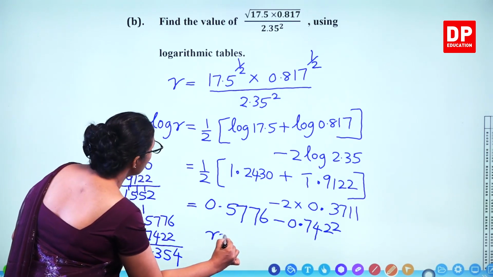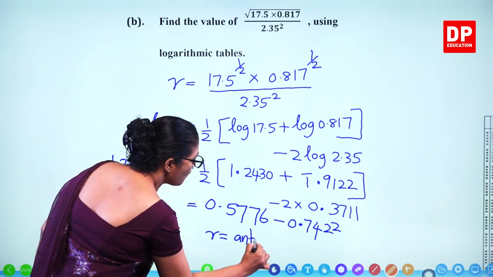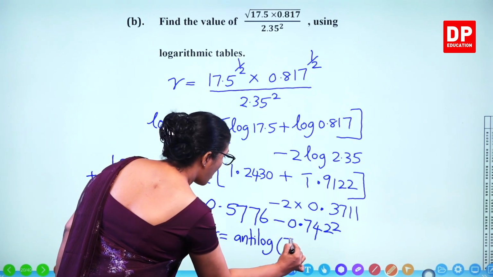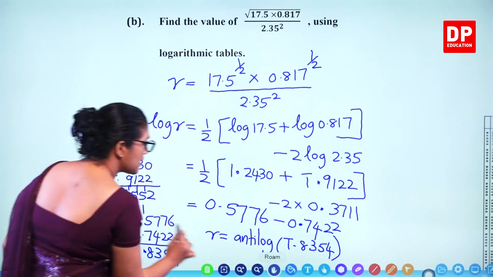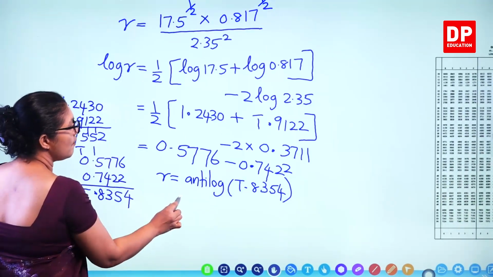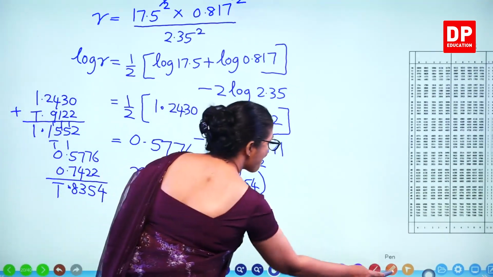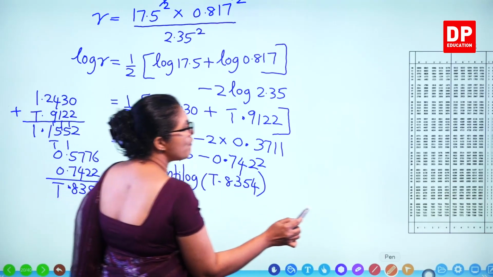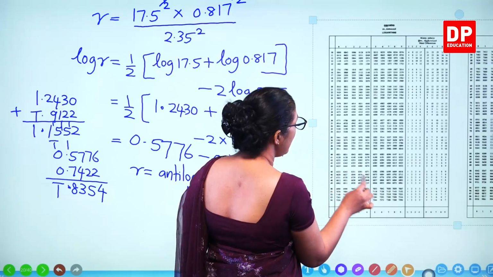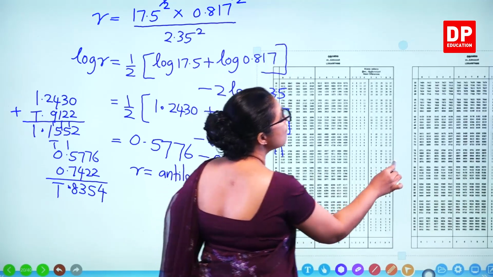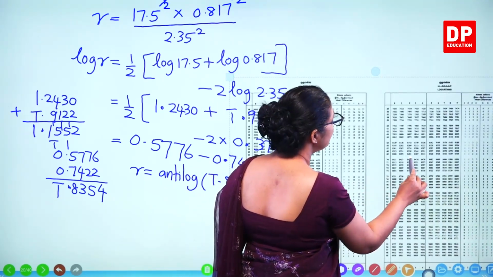So we can find our antilog value of bar 1.8354. So what's the value? 8354. 8354 from this side.